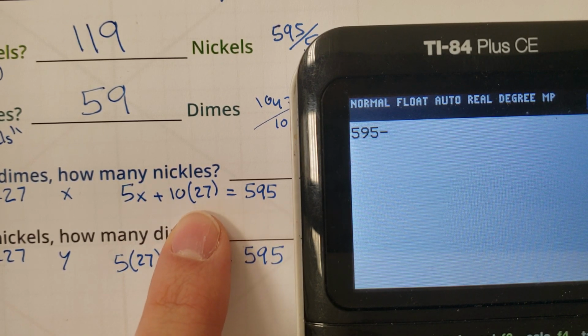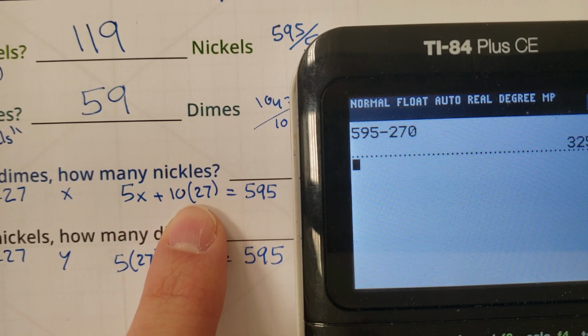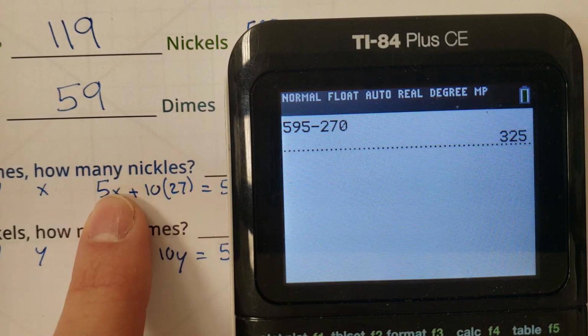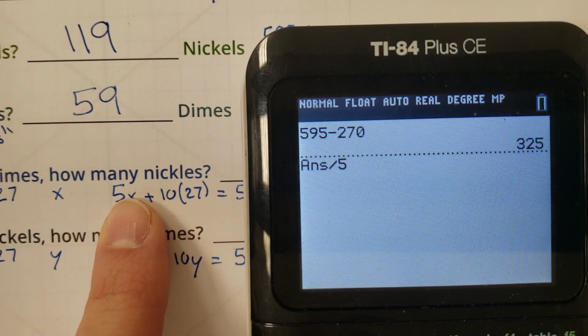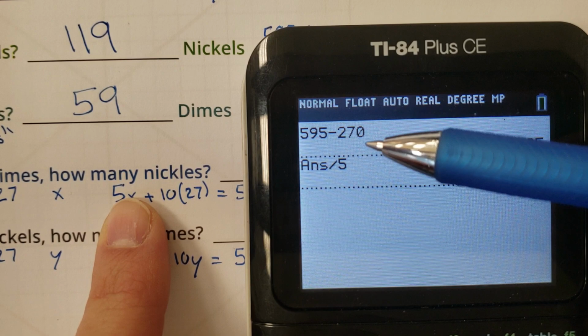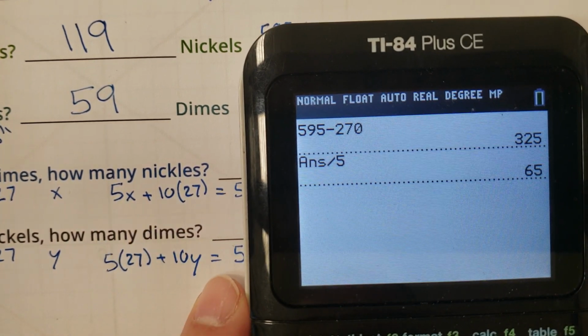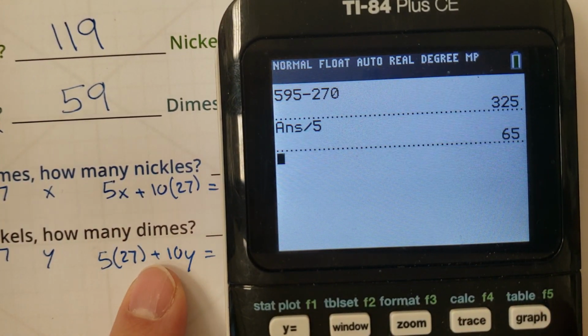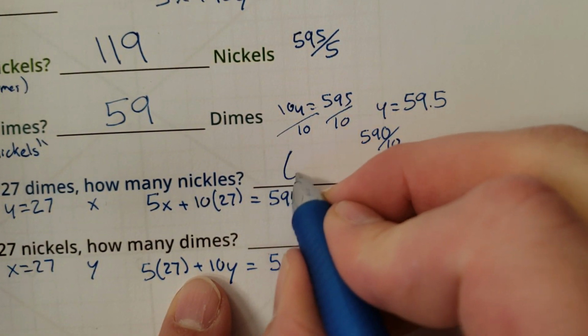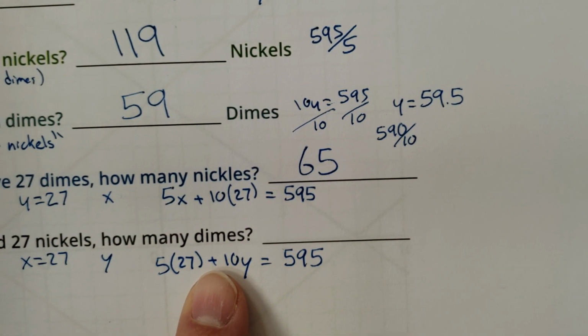I'd subtract 10 times 27, which is 270. That's how many cents I have left over for the nickels, so then I'd divide by 5. I'm just doing my 2 steps in the calculator instead of writing them down. Sorry, I'm trying to save a little bit of time here. So you should have 65 nickels.